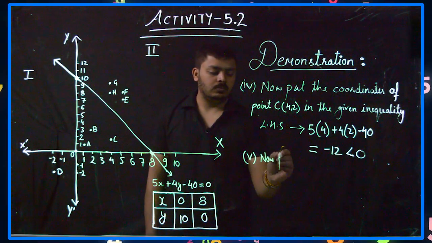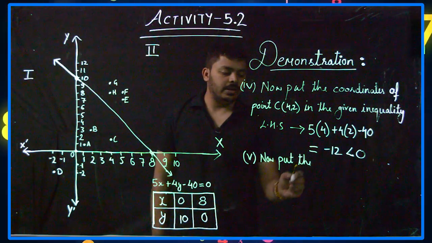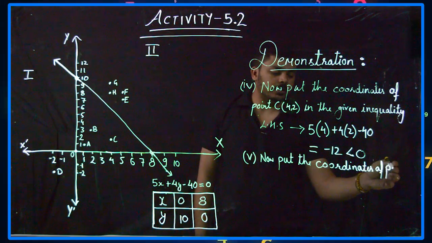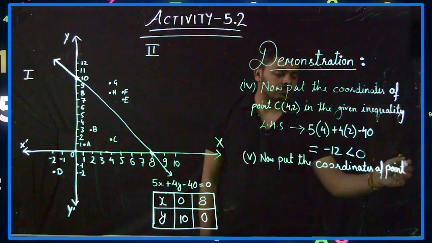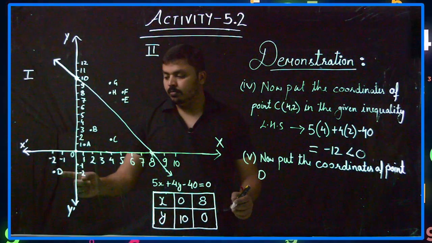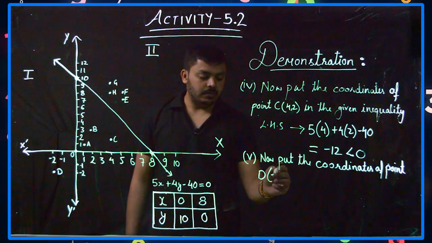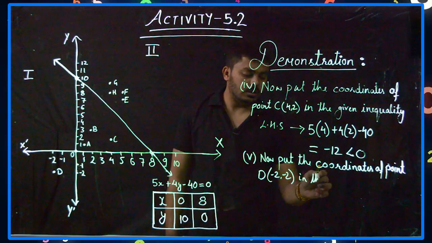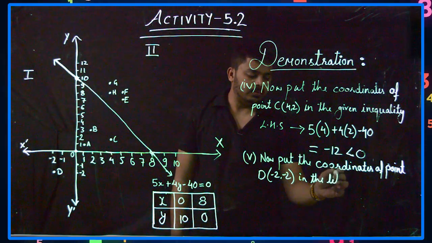Now, put the coordinates of point D, which is (-2, -2), in the left hand side of the inequality.